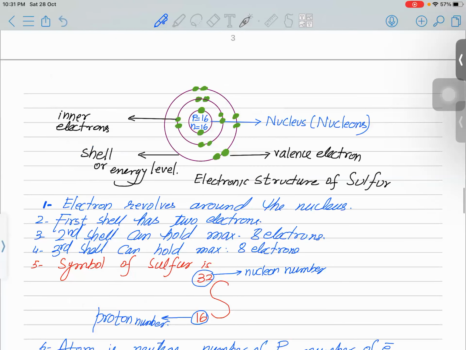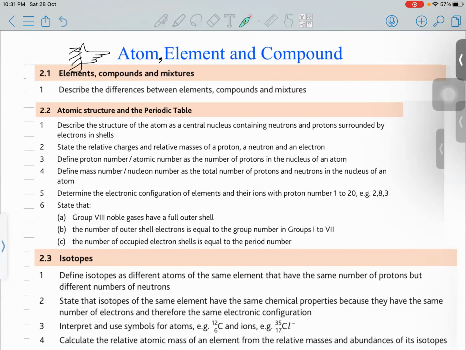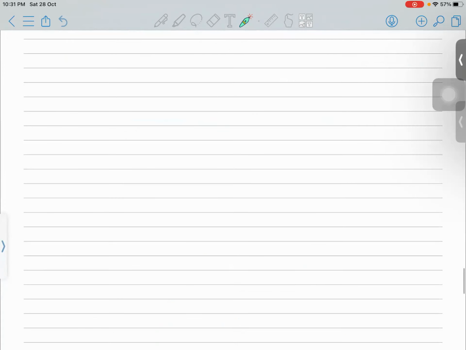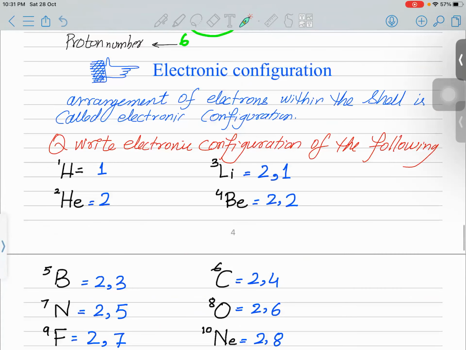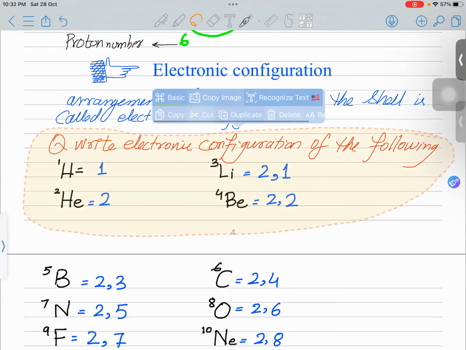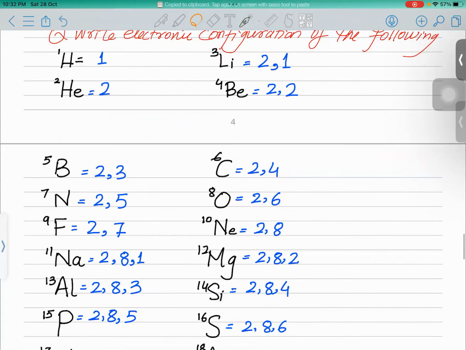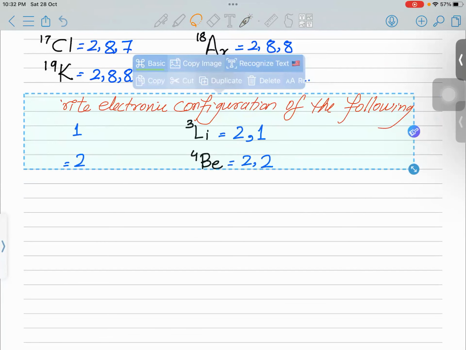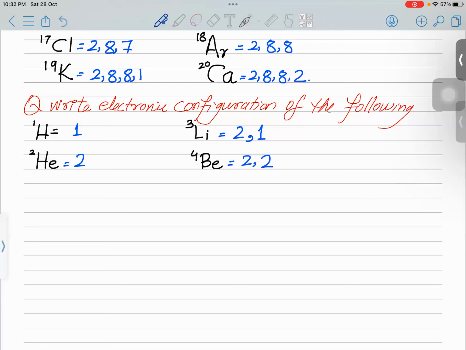So in the syllabus: describe the electronic configuration of elements and their ions. Now ions. Here you have positive charge. Helium is 2 plus.